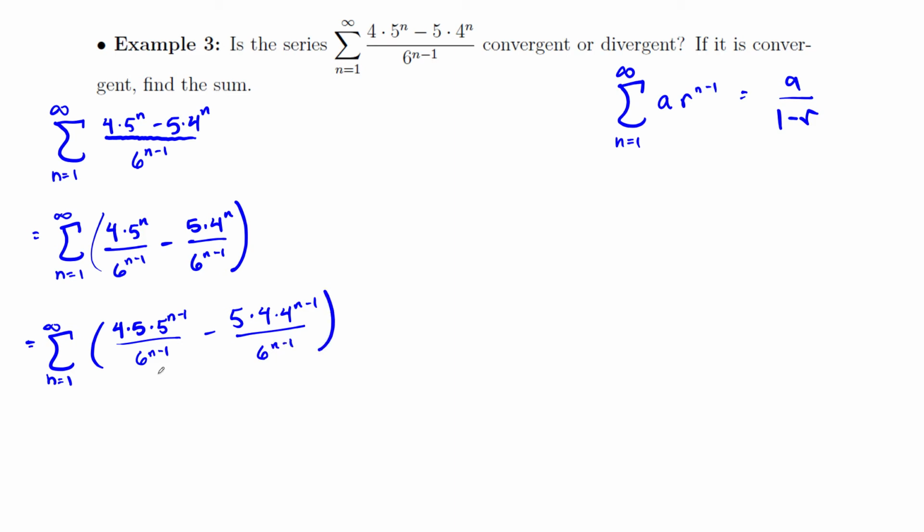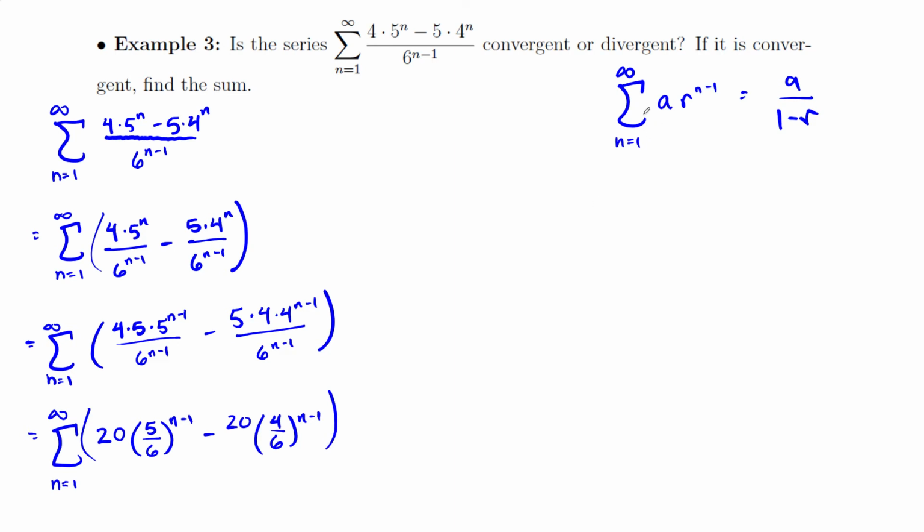Right? And then this allows me to easily see what my A's are and what my R's are. If I have 5 to the n minus 1 over 6 to the n minus 1, that can become 5/6 to the n minus 1. And then same thing here, 4/6 to the n minus 1.